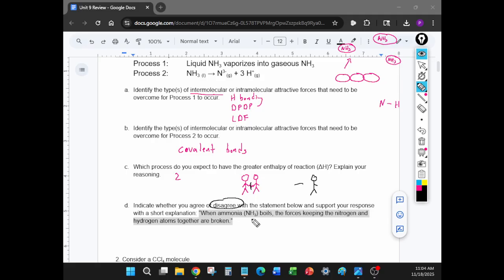You're separating the molecules. The statement is saying you're breaking the molecule apart. You're separating them, which is not what is happening. Just remember, boiling is always separating the intermolecular forces, not the intramolecular. So the answer for that is disagree, and you would say boiling breaks apart the intermolecular forces, not the intramolecular.